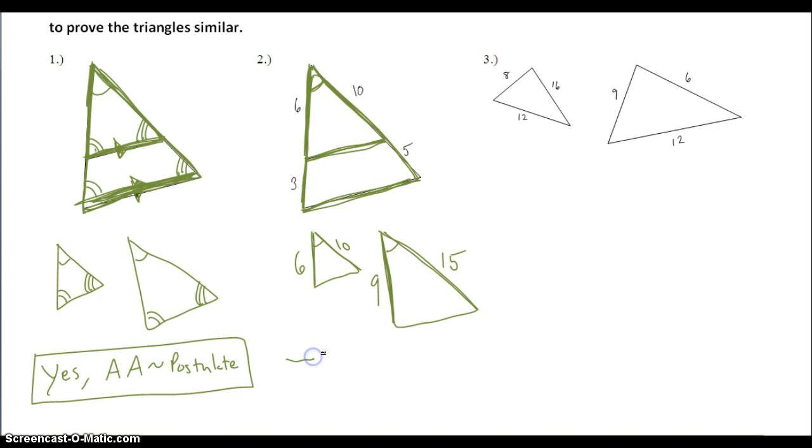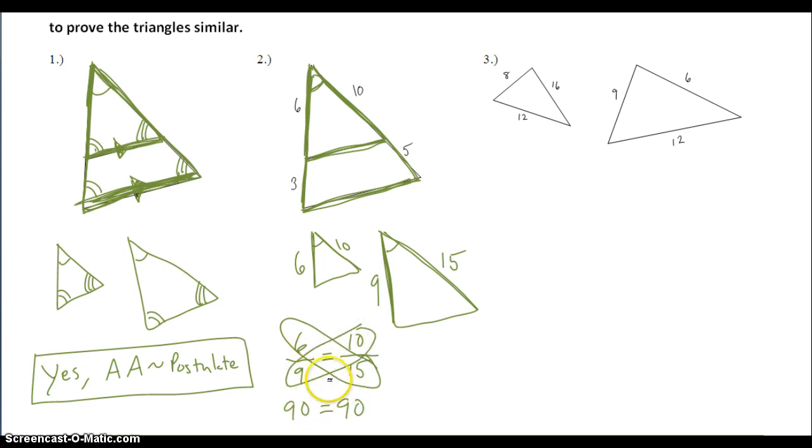To do that, I'm going to set up a proportion, and I'm going to compare which sides might be similar. 6 I'm going to compare to 9, and 10 I'm going to compare to 15. And I'm going to check that proportionality by cross-multiplying. 6 times 15 is 90, and 9 times 10 is also 90.